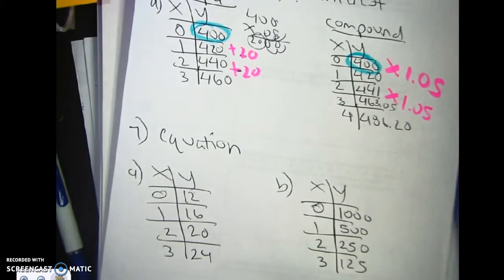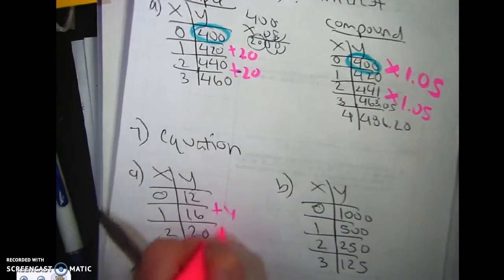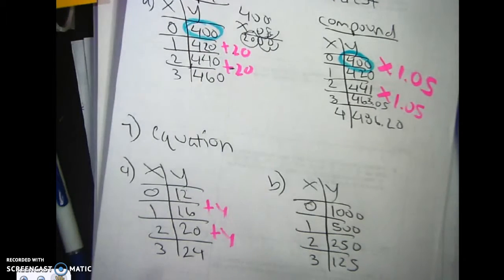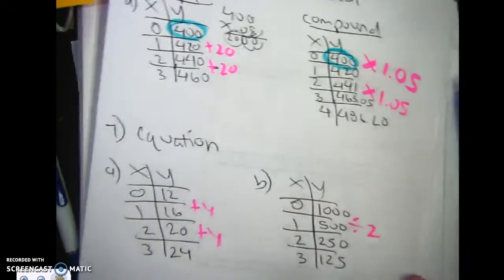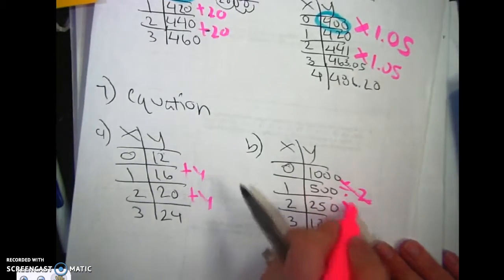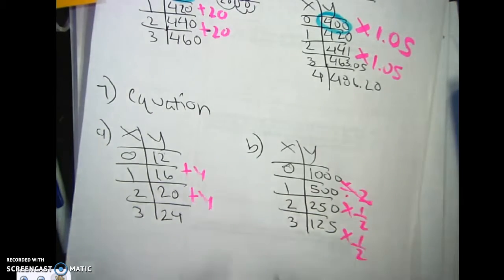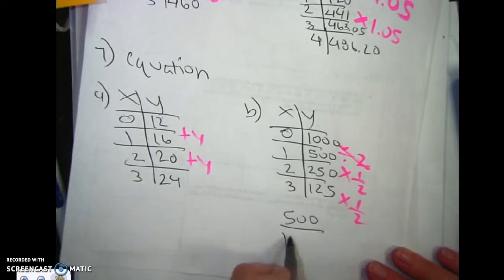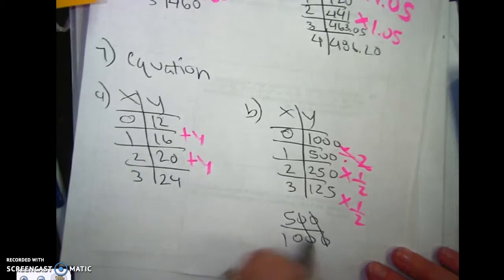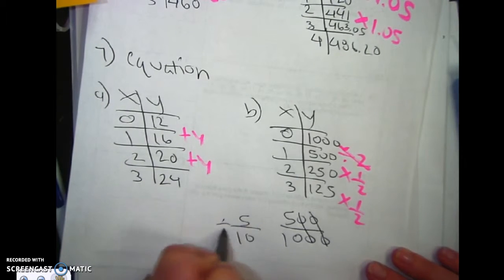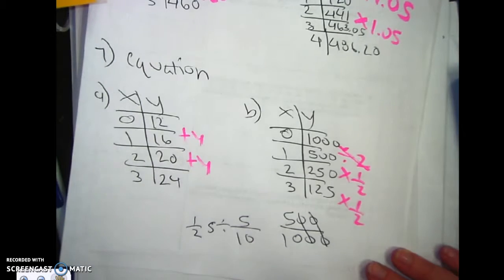Okay. This time I want the equation. Look at the pattern. Plus 4, plus 4. This one is divided by 2, which means times 1/2, times 1/2. If you're not sure, do the new over the original, 5 over 10, divide by 5, 1/2.